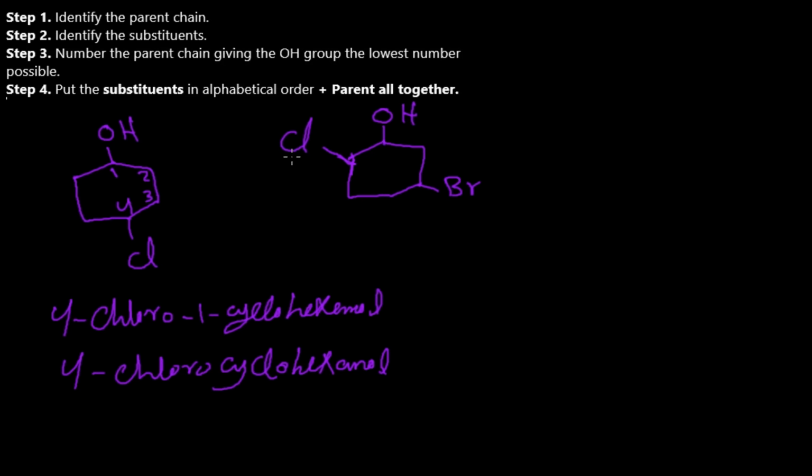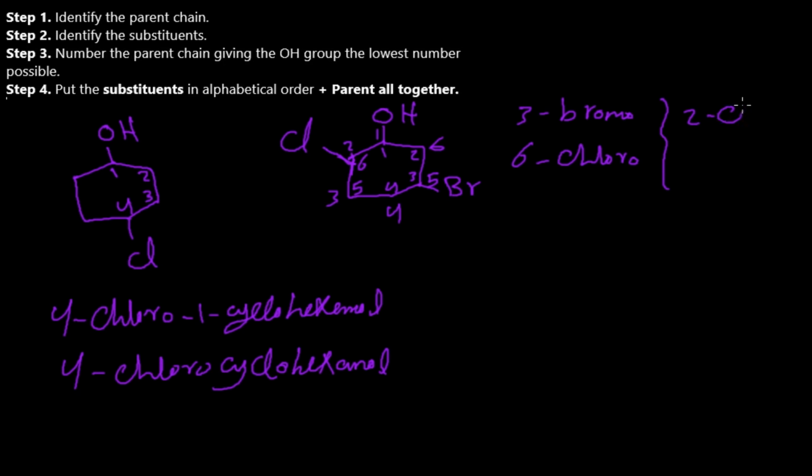Now, a more difficult example. We have two substituents, chlorine and bromine, as you can see here. So I can start numbering, like I can say 1, 2, 3, 4, 5, and 6. So here I have the 3 bromo and 6 chloro. If I start vice versa, so I could say 1, 2, 3, 4, 5, and 6, then I have something like 2 chloro, and 5 bromo, right?